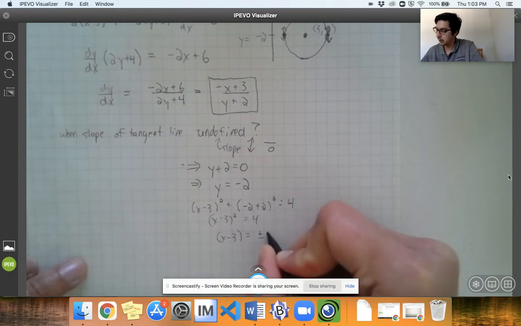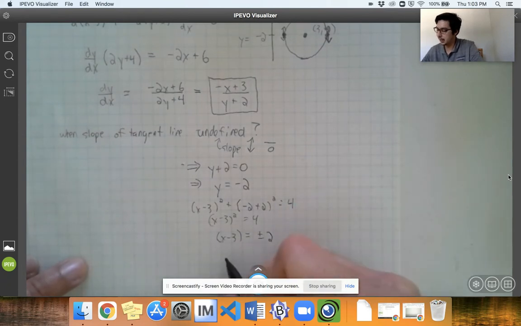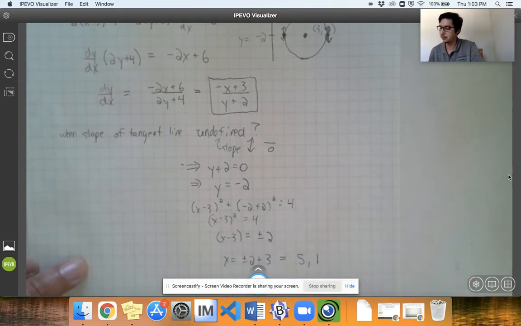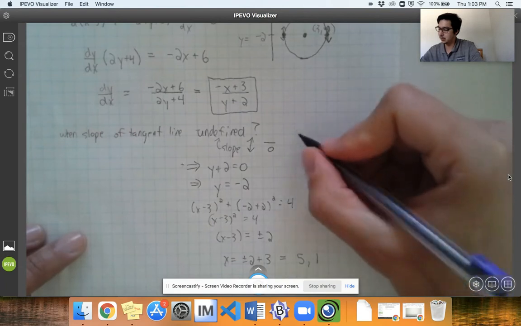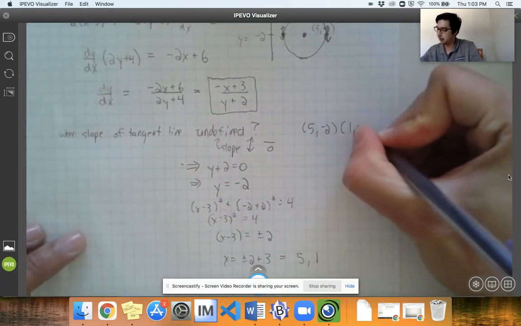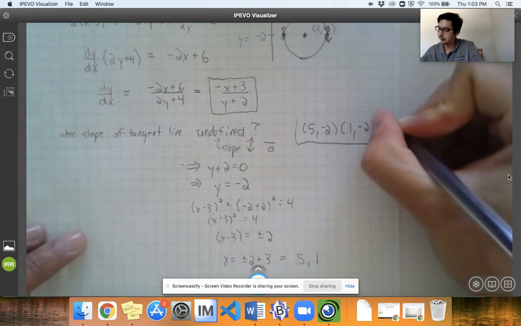So you get plus or minus 2, and then add 3. So you would have plus or minus 2 plus 3, which gives you positive 2 plus 3 is 5, -2 plus 3 is 1. So we would say that the slope is undefined at (5, -2) and at (1, -2).